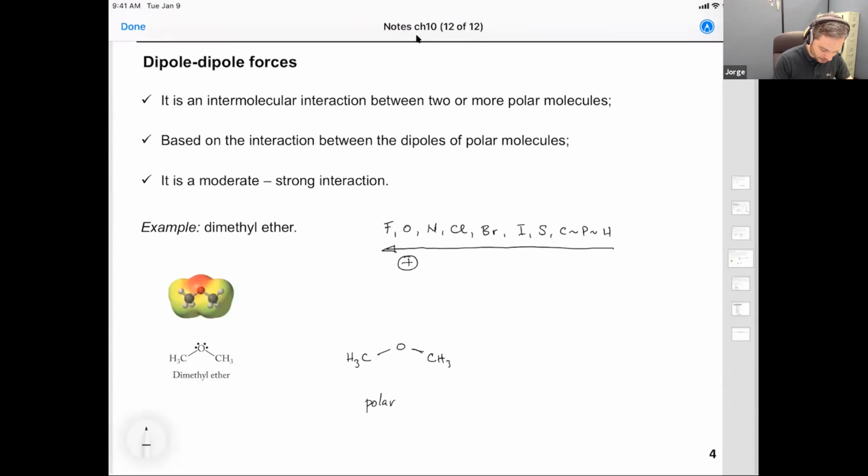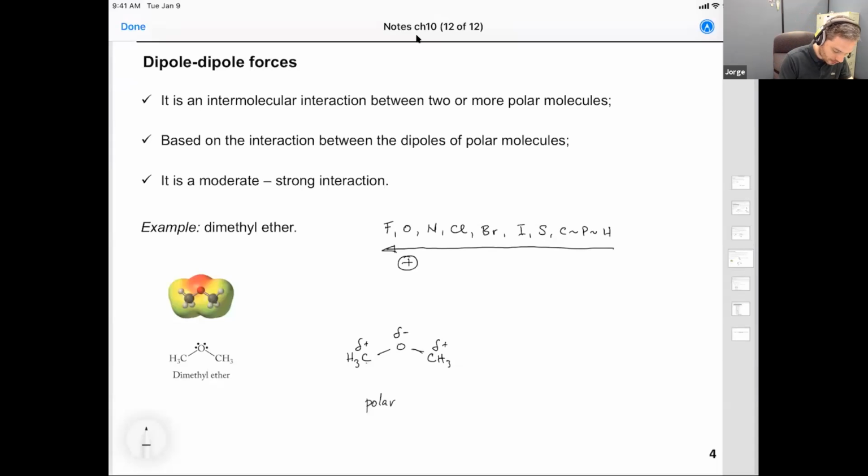We know here that carbon and hydrogen have kind of the same electronegativity, so nothing will change for carbon and hydrogen. However, carbon and oxygen, there is a huge electronegativity difference, which means we will have accumulation of electrons nearby the oxygen and deficiency of electrons at the CH3 group.